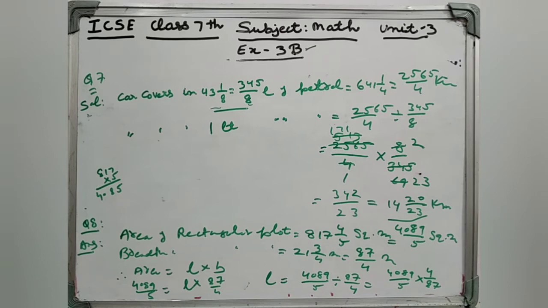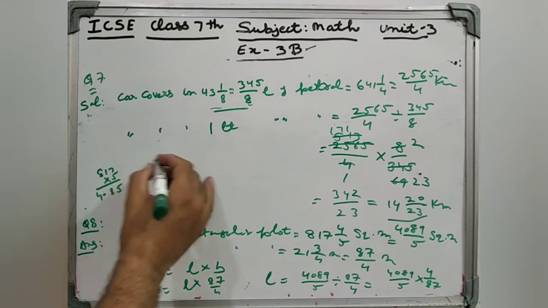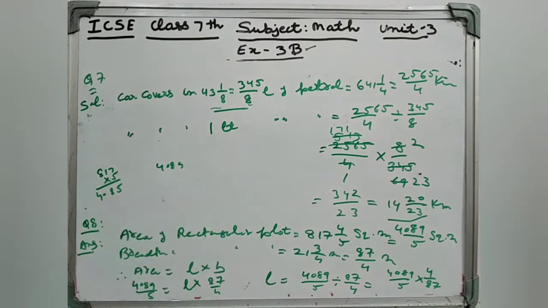Right, now we want to cut it and make it simple. How will we do this? Divide this 4089; it could be cut with 3. 3 times 1363 is 4089, and 87 divided by 3 is 29.